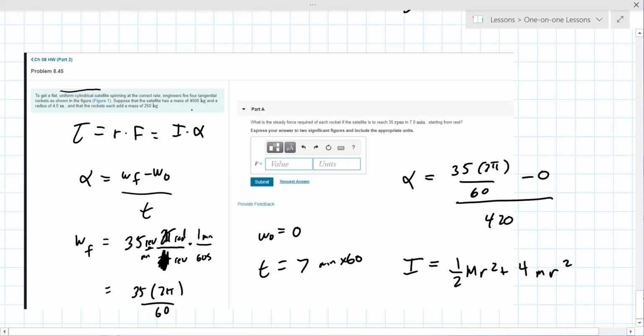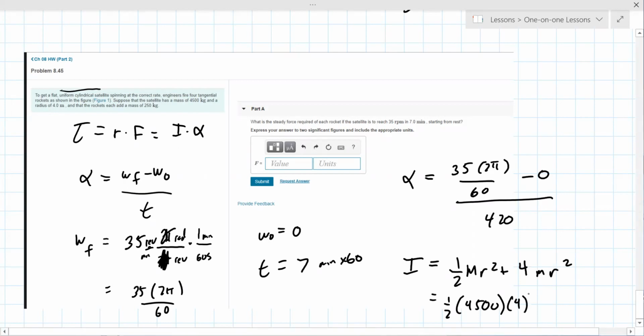Yeah, which is, big M here, in your problem, is 4,500. And little r, or I'm sorry, the radius here, I guess it's 4. So it's 4 squared plus 4 times little m, which is 250, and it's 4 squared again.